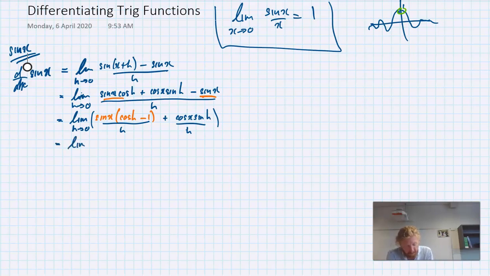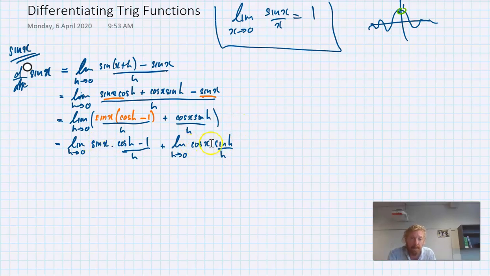So that's the limit as h approaches 0 of sine x times cos h minus 1 on h plus the limit as h approaches 0 of cos x sine h on h. Now h doesn't affect sine x at all.